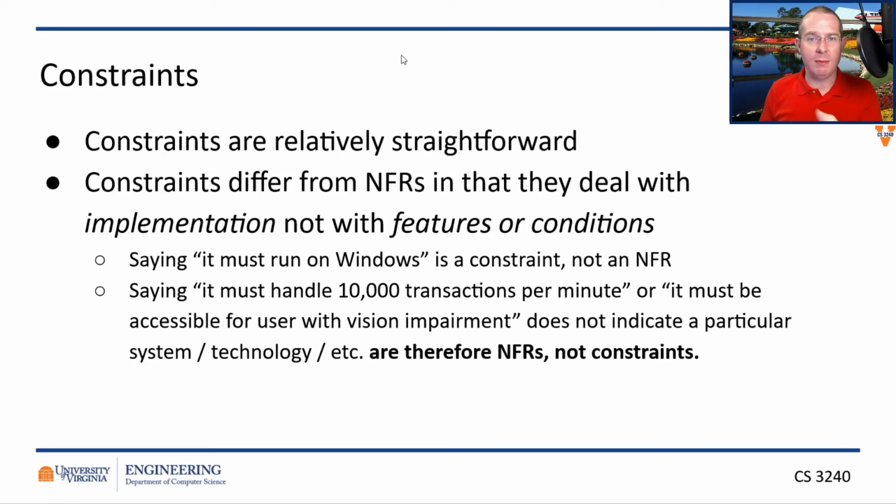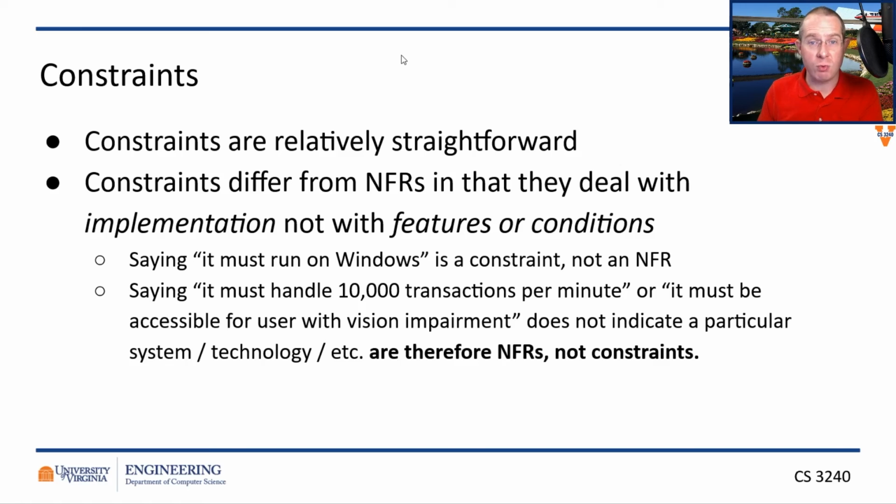The last type of requirement is a constraint. A constraint is not an NFR, but it limits your options for how you build the software. The best way to think about it is, because of the infrastructure at a company, they say this has to be written in C#, C++, Java, Python, whatever, because once you as a software engineer are done with it and you've turned it over to them, that's what their development team knows, and that's what's going to allow them to perform maintenance on their own.